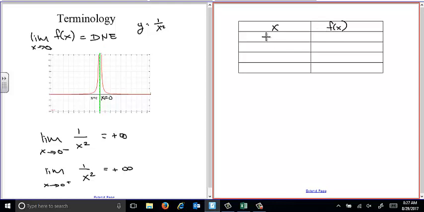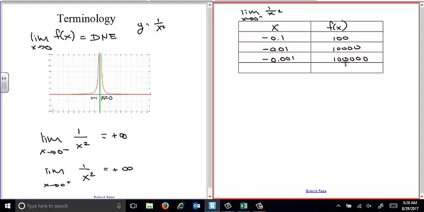And so you would pick values, say that you wanted to know the limit as x approaches 0 from the negative side of 1 over x squared. You would pick negative 0.1, negative 0.01, negative 0.001, and so here you would get 100, and here you would get 10,000, and here you would get 1,000,000.